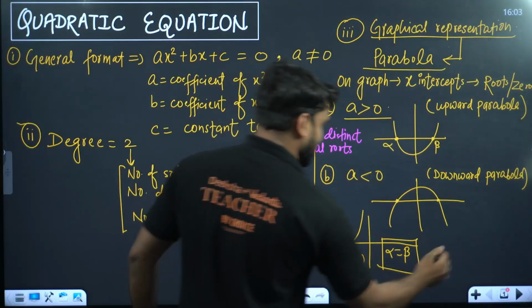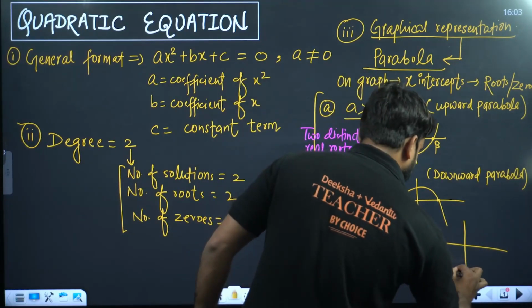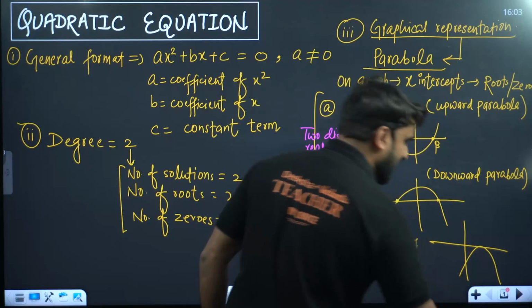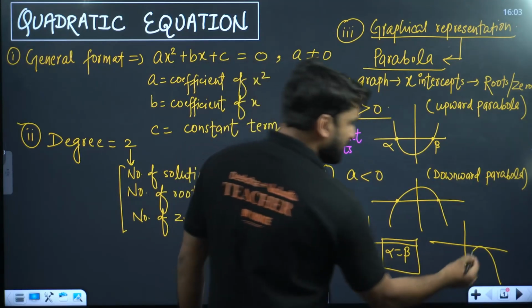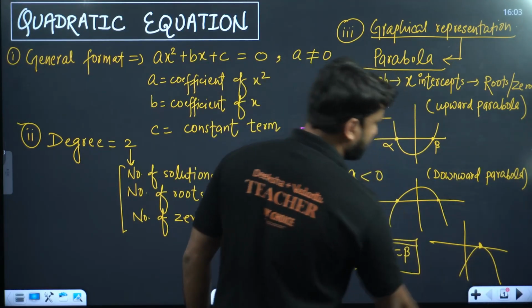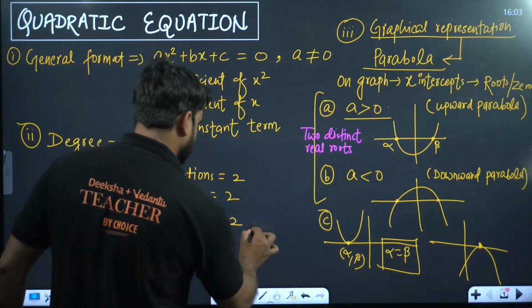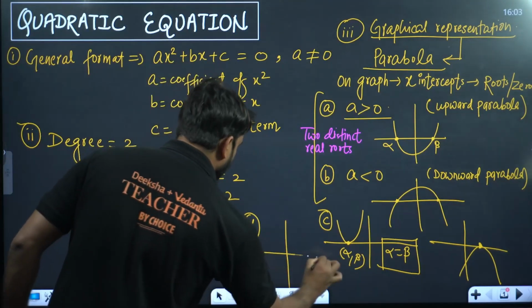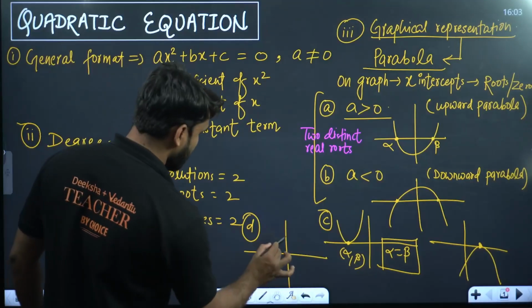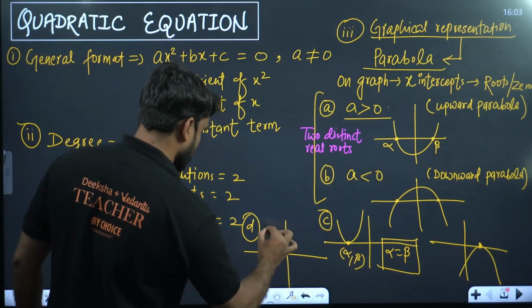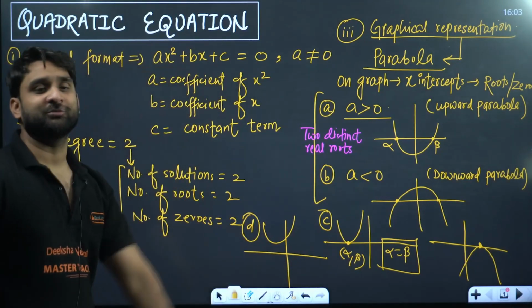One more thing is also possible. If the graph is like this way, again a parabola but having downward opening, both roots may be equal to each other. But if you draw the parabola like this, let me show you. This is not possible. Why?